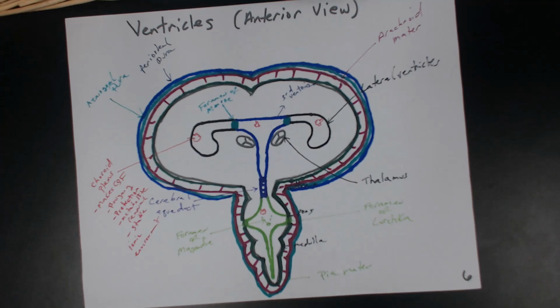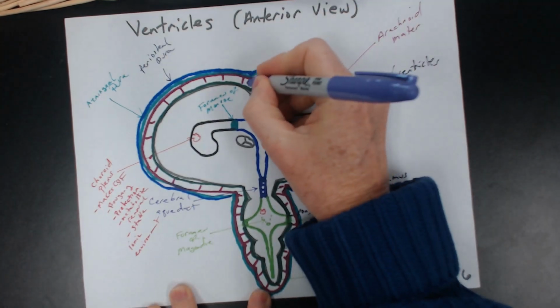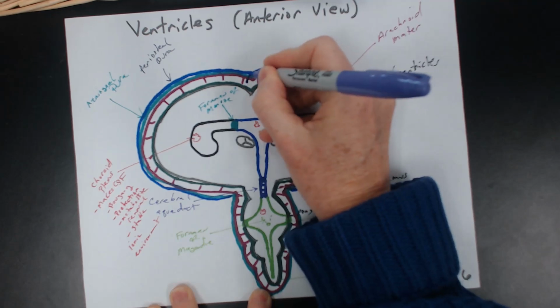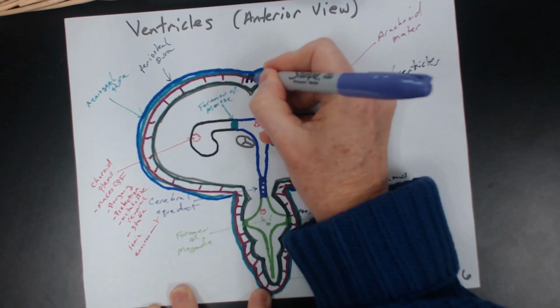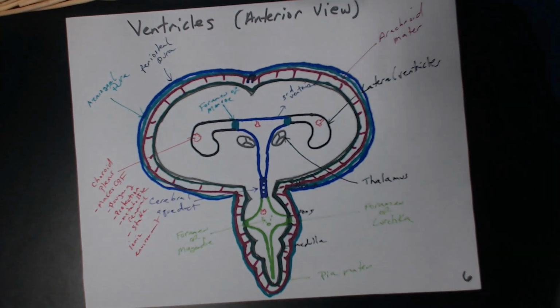Your arachnoid villus is nothing more than a structure that connects your subarachnoid space to the superior sagittal sinus. Let's label that.